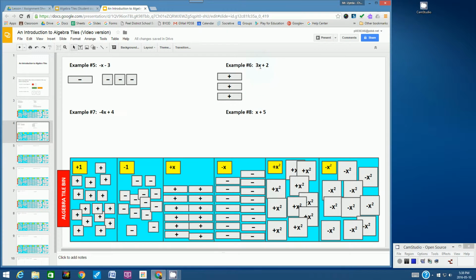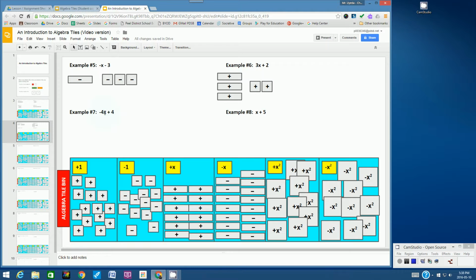That takes care of all of my x's. Now, are there any integers left? Well, there's a positive 2 here. How would you represent positive 2 with these tiles? So this is the completed tile diagram for this expression, 3x plus 2. We want the x's in front, and then the integers behind.